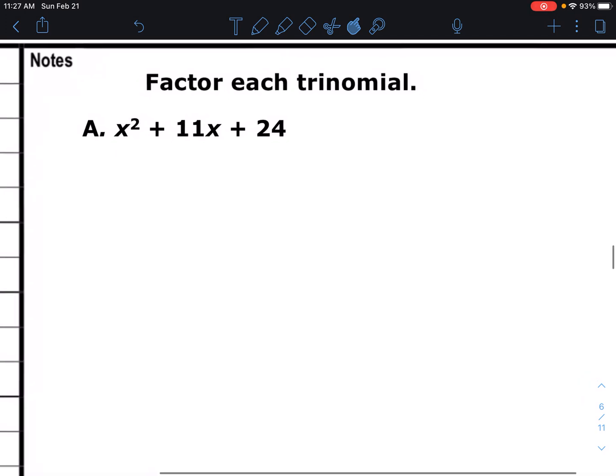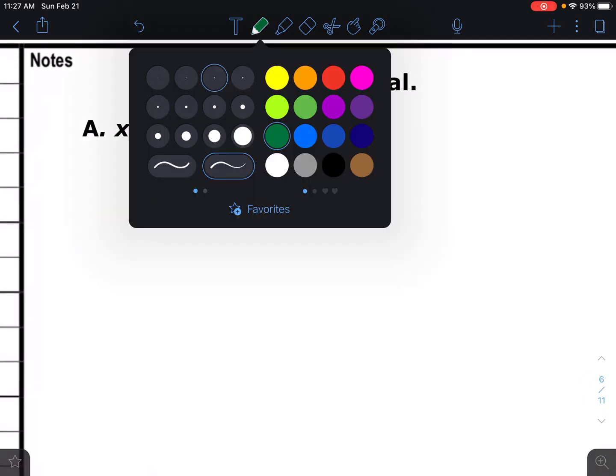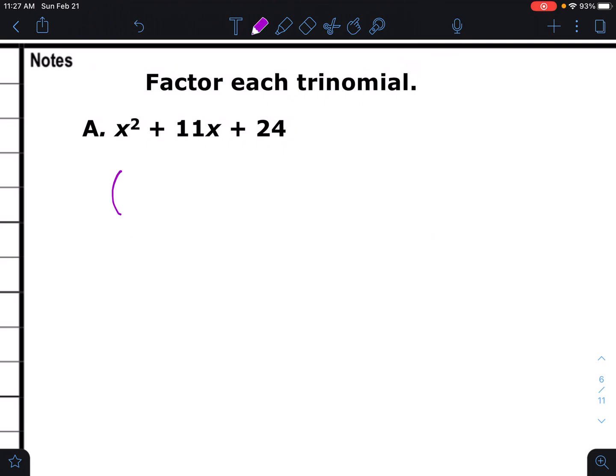So how do we factor this? Well, I know I'm going backwards, and when I factor this, in order to get the factored form, I know it's going to be two binomials. That will always be the case. And I know that in order to get that x squared term, I need an x here and an x here. So now the question is, what goes in those two spots? So how do we do that?